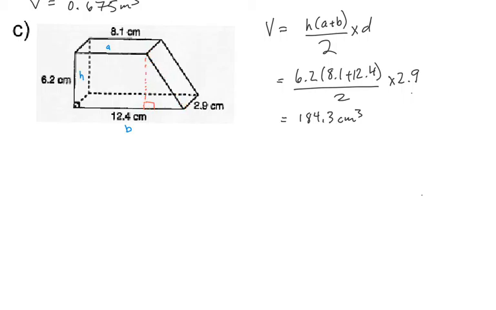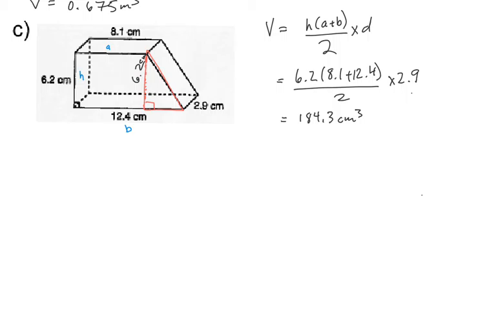This will allow me to calculate this edge of this triangle, because I know that if this edge is parallel to this edge, that means this edge is 6.2 centimeters. So this edge is parallel to this, so this must be 6.2 centimeters.